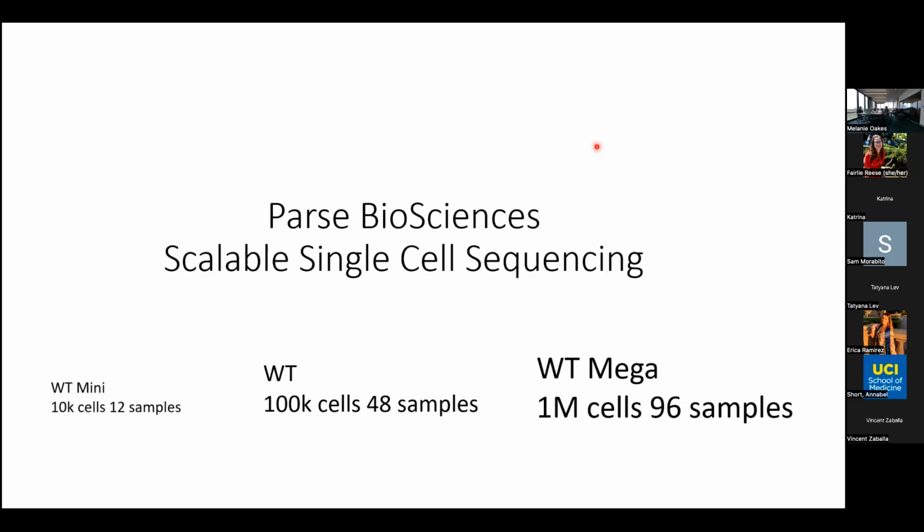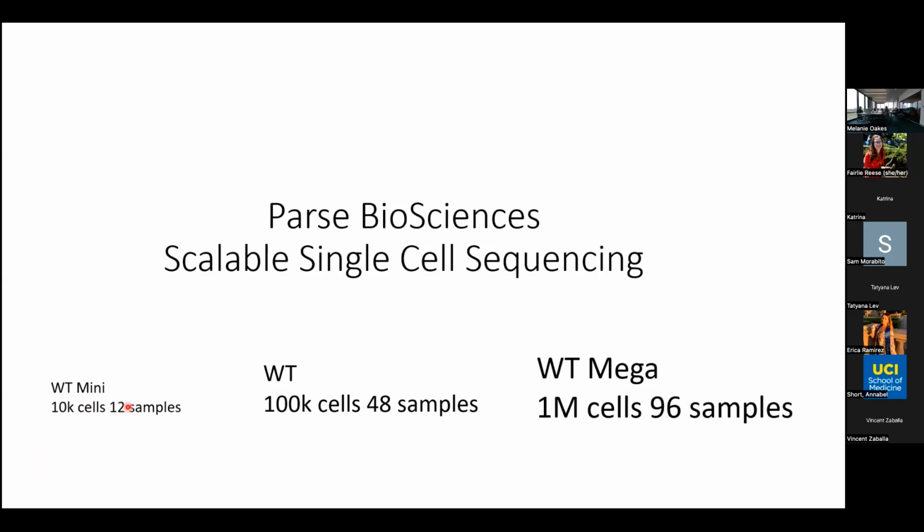And we are getting ready to do 1 million, just to let you know. 1 million would be up to 96 samples. Most of the projects that we're seeing come in are doing the 100,000. That's because price wise, at the 10,000 down here, you might as well do 10X. Price wise, you're not getting much of a break.